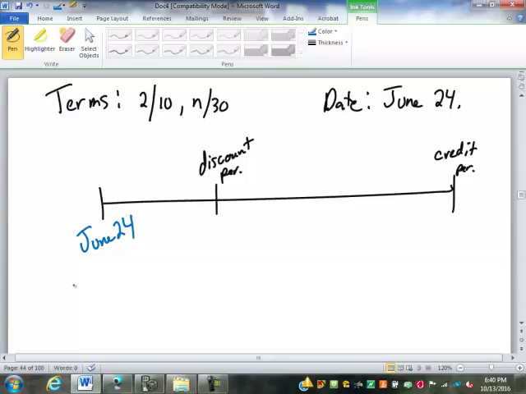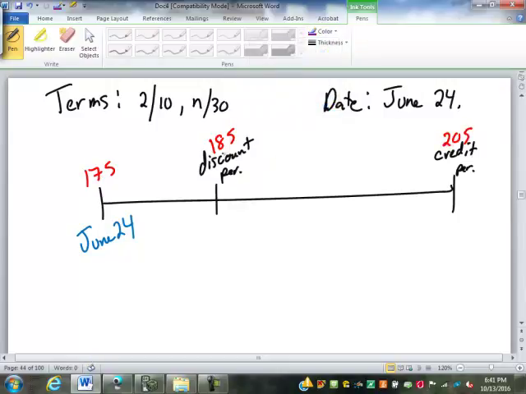So June 24th is what day? I believe that's 175. So our discount period is 10 days. That would be 185. Credit period 30 days, so 175 plus 30 is 205.